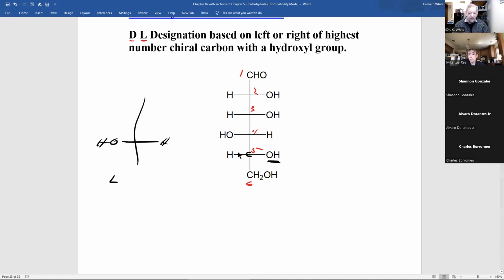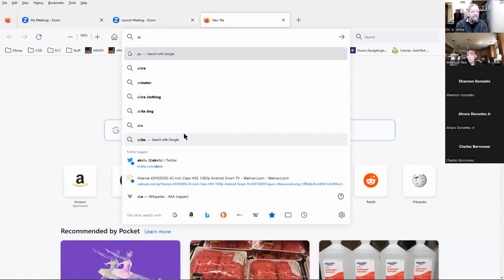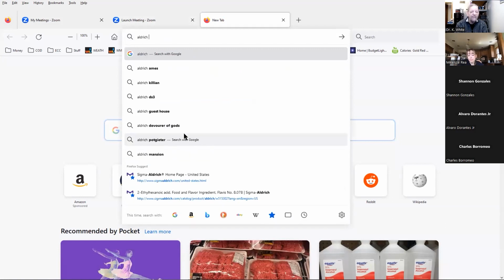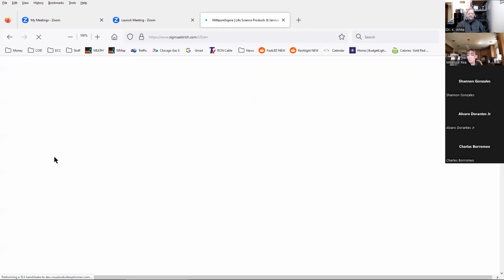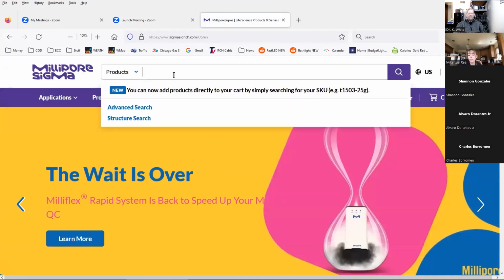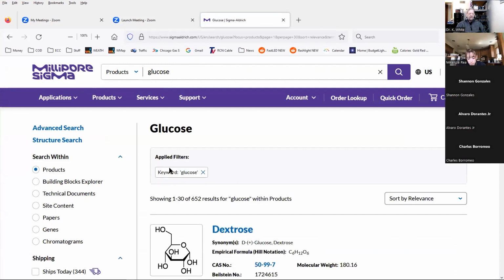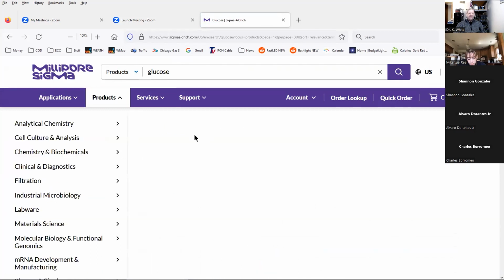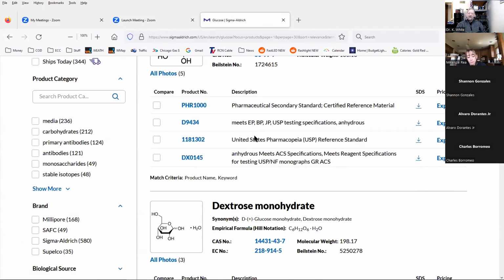Now let's go out in the real world and see something interesting. And we had Sigma Aldrich, and Aldrich, before it was bought by Sigma, is probably the best chemical company or supplier of small chemicals in the United States, if not the world.